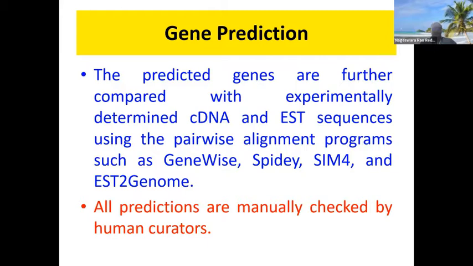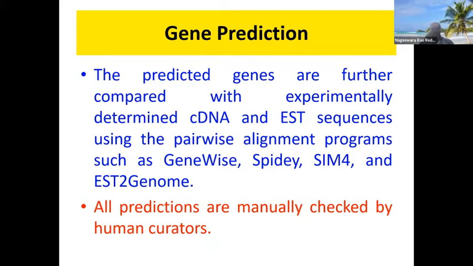So how do you do all this procedure? That means theoretically predicting the gene, then verifying it experimentally using BLAST against the cDNA database or against the EST database. All this data is manually curated. Whenever a person says that a gene is identified, they have to deposit it in databases like NCBI, DDBJ, or EMBL.